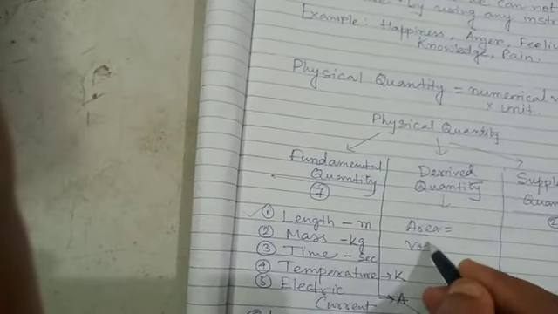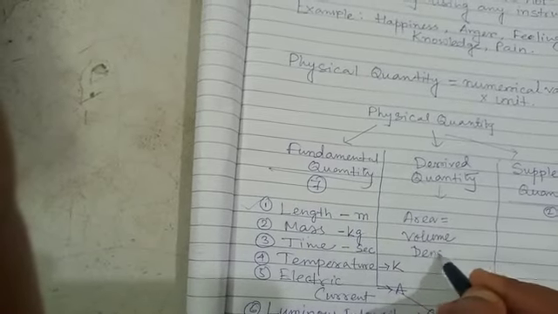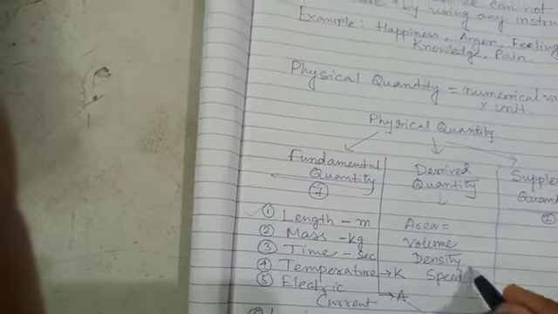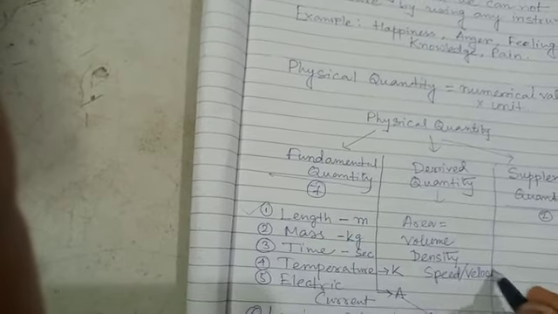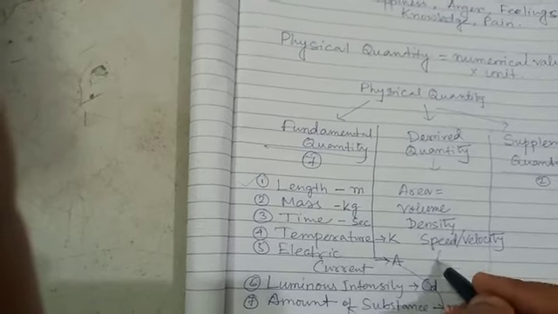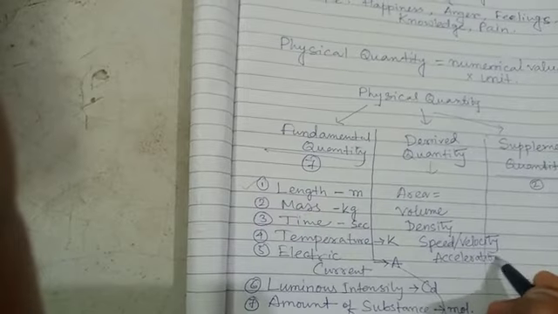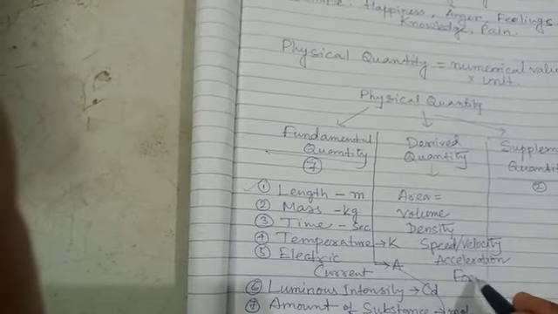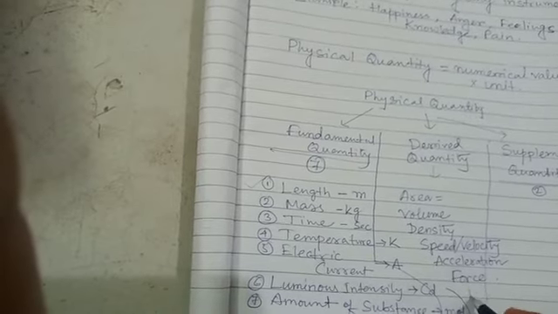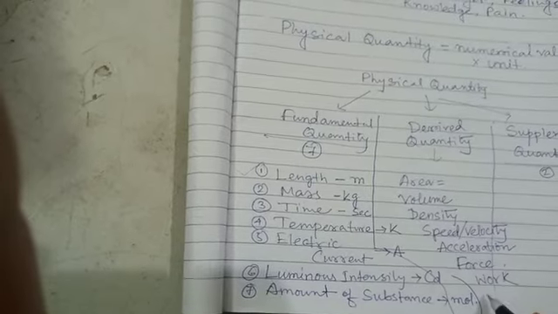Similarly, volume is also a derived quantity. Density is also a derived quantity. Speed or velocity is also a derived quantity, and acceleration is also a derived quantity, and force is also a derived quantity, and work done or work is also a derived quantity.